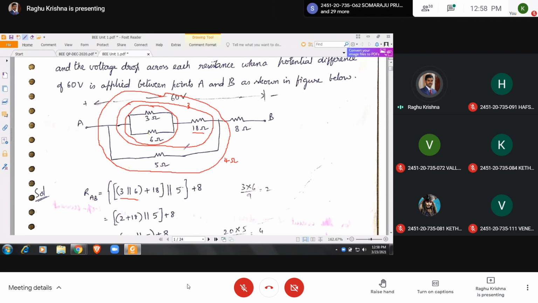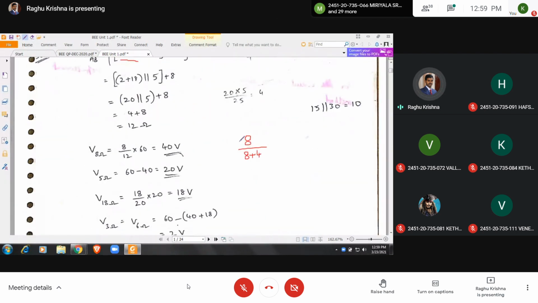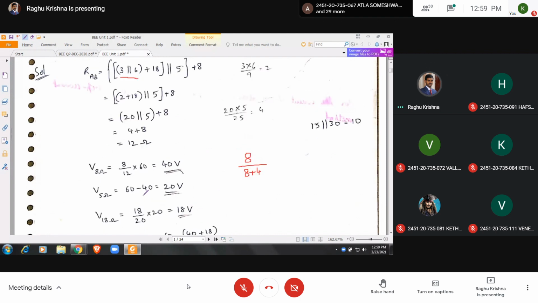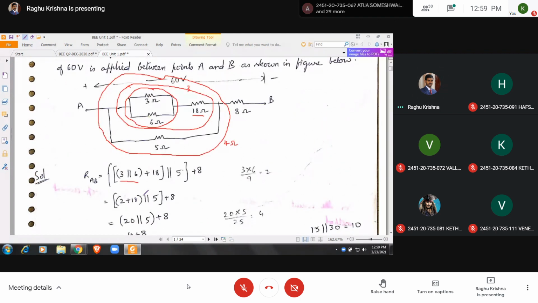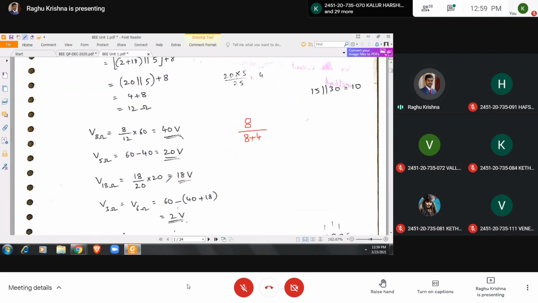So this circuit is in parallel with 5 ohms, so the voltage across 5 ohms is equal to the voltage across this combination. So 18 by 20 into 20. Is it clear? Why I have taken 18: the total is 18 plus 2, 20. So 18 by 20 into 20, 18 volts.